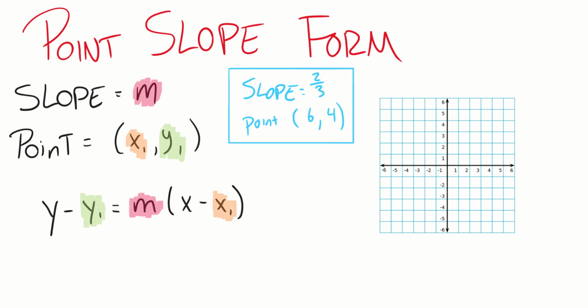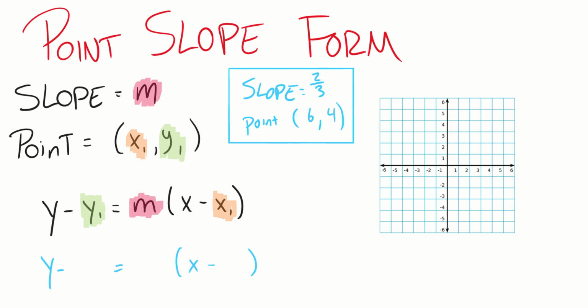Well, I'm going to take what I know and plug it into where it goes. So I'm going to rewrite this equation. I'm not going to fill in any of my highlighted things yet. Y minus equals x minus parentheses. That all stays the same. And what changes is what I plug in.